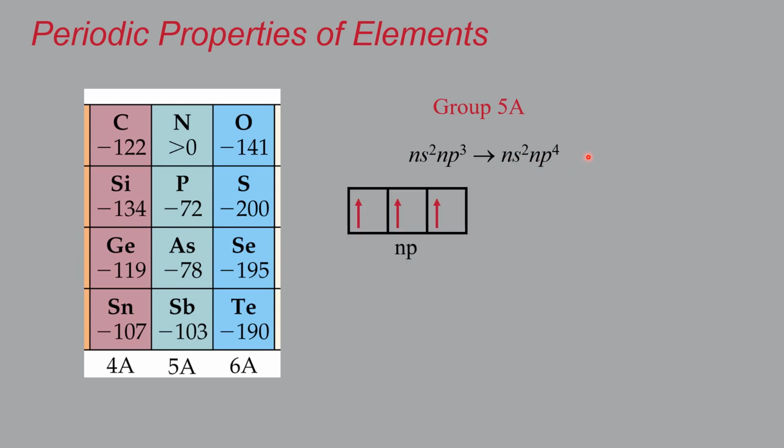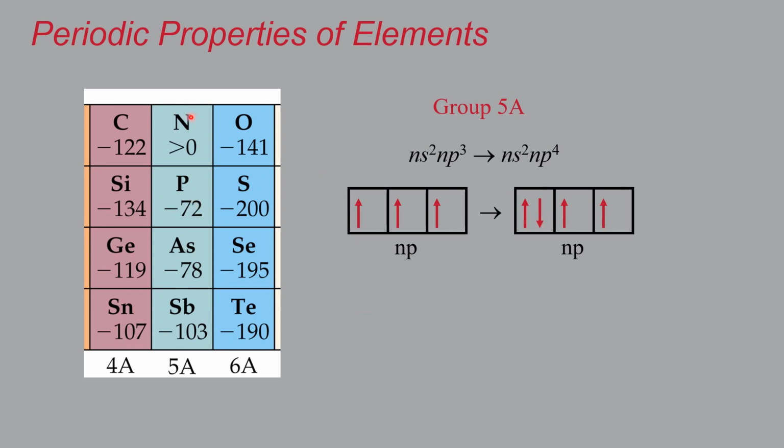Now, going from p3 to p4, what's going on there? Well, remember that fourth electron, specifically that fourth p-type electron, is the first one that is paired. And it requires a little bit of extra energy to flip the spin of an electron and put it in a region of space where there already is an electron, which is essentially what you're doing here.